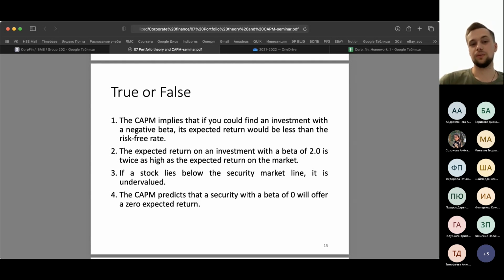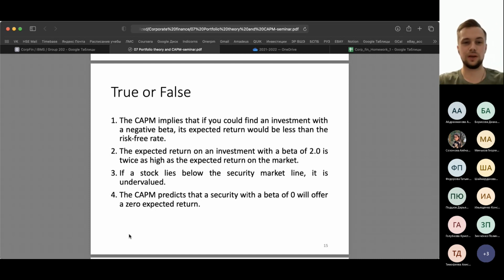If the risk-free rate gives us 5%, for example, the expected return of this stock will be, for example, 3%. So all other things equal, the price will be quite high.